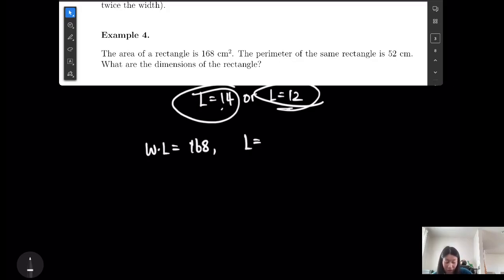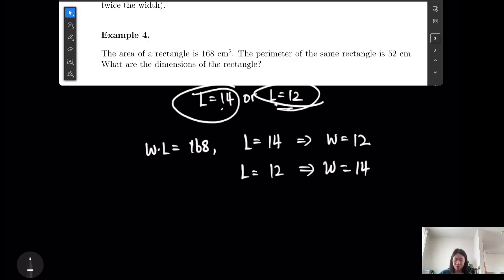Let's say if our length is equal to 14, then our width is equal to 12. And if we do the other way, let's say the length is equal to 12, then you will find out, if you do the calculation, the width is equal to 14. So either way should work because they're both positive. You can have the length 14 and the width 12. They actually become the same rectangles.